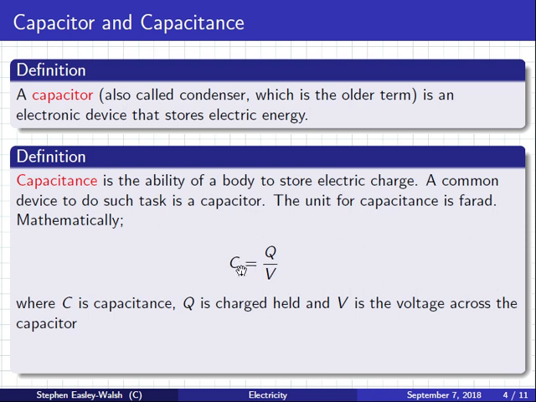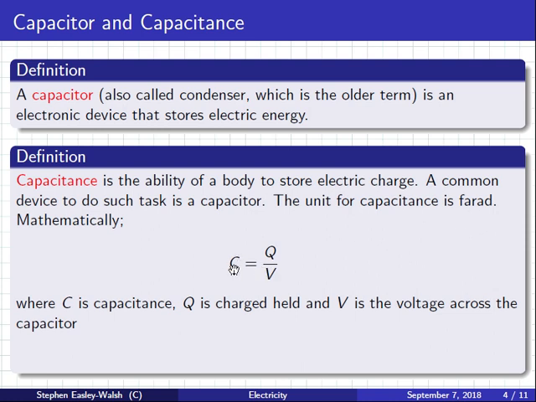Right, so what do you think a farad is? Looking at this formula, what could you say 1 farad is? What do we say this one is? Coulomb. And this one? Farad.